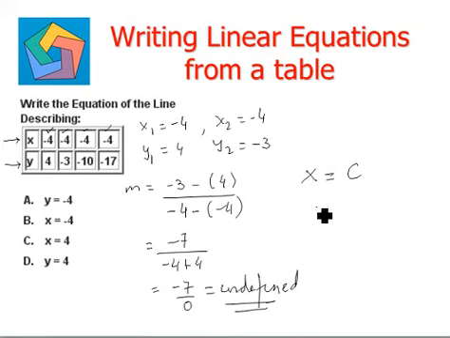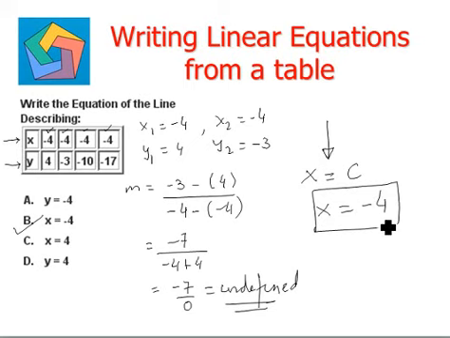So x equals negative 4 is the correct answer, which can be seen in option B. I repeat, whenever the value of x is the same, our equation is of the type x equals c. So x equals negative 4 will be the correct answer, which is option B.